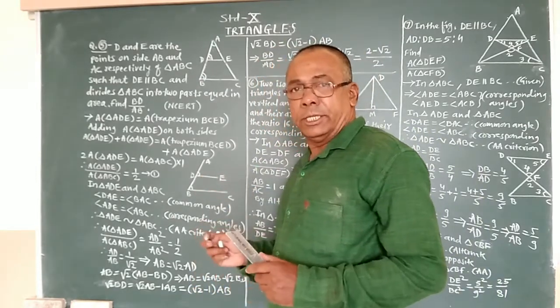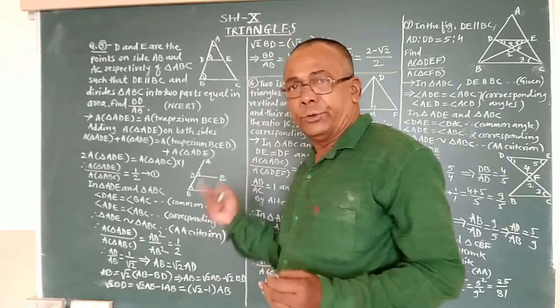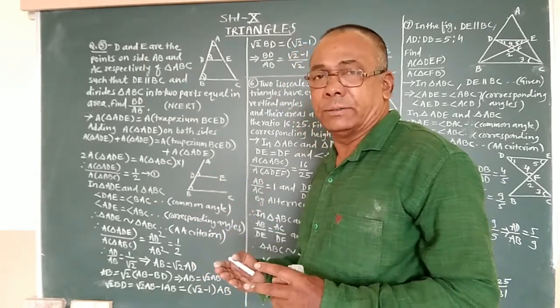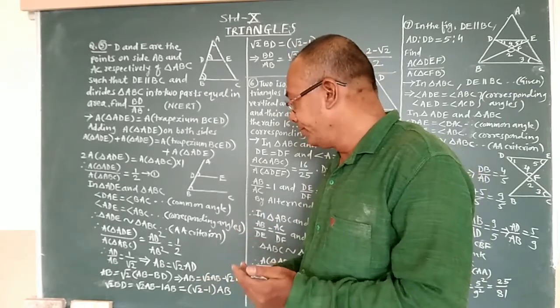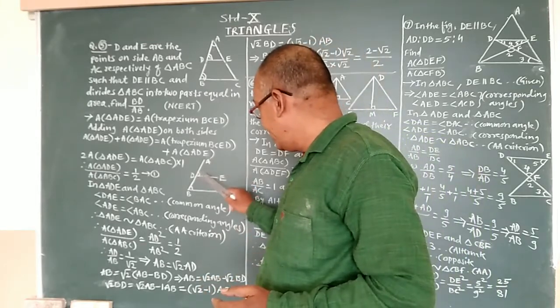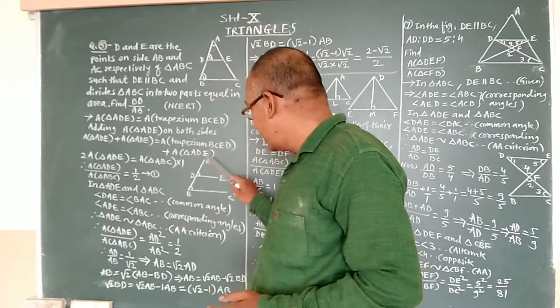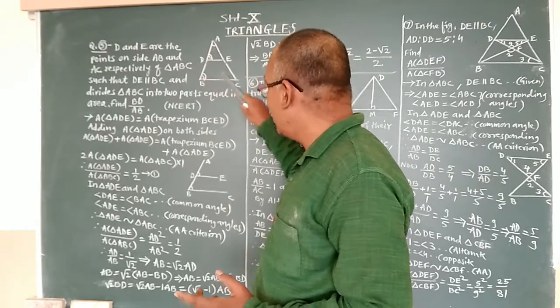Means the corresponding angles formed due to the transversal of two parallel lines are always equal in measure, and therefore angle ADE equals angle ABC.